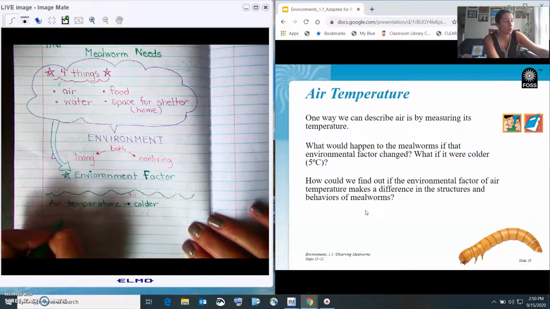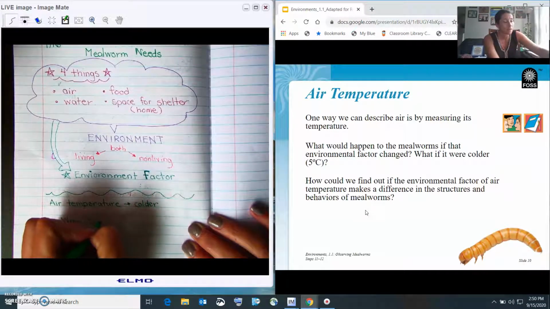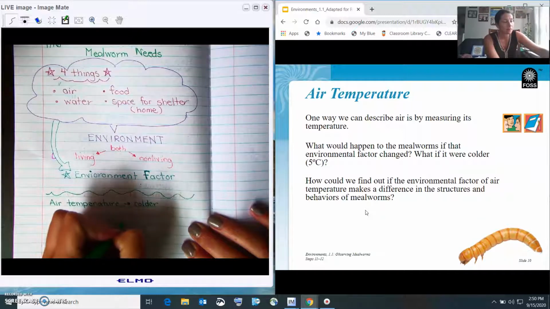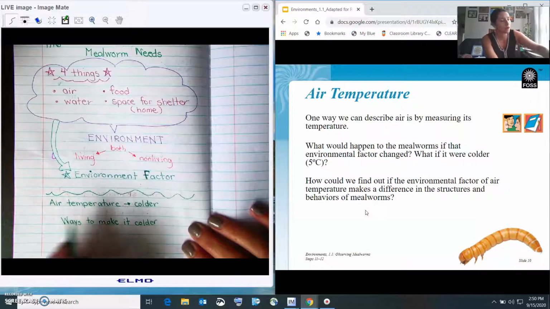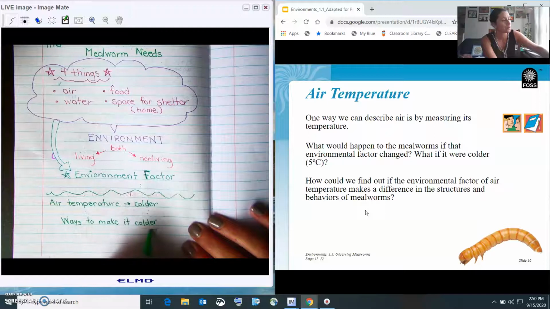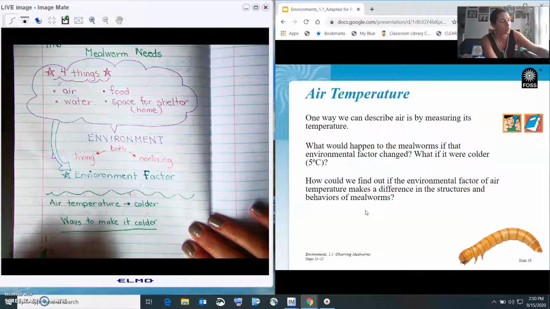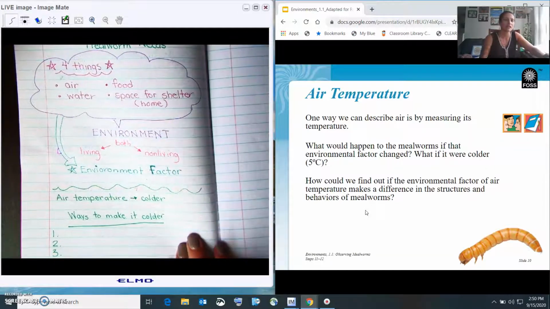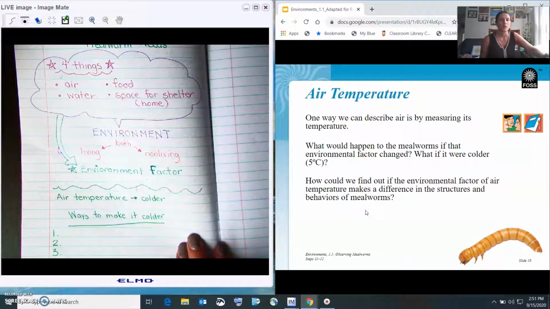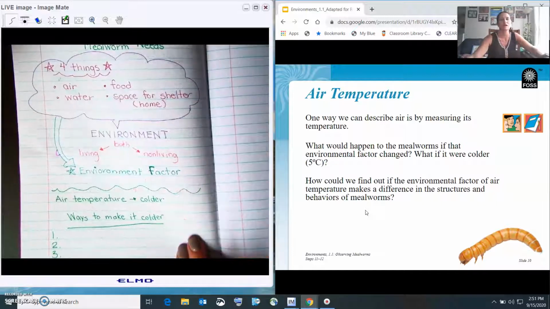Your job is to come up with ways to make it colder. What are some ways we can make the air temperature colder? Just some ideas. We will talk about some of those ways when we meet again. Make sure you write all these notes, and this is your assignment for today, to fill in ways that would make it colder.